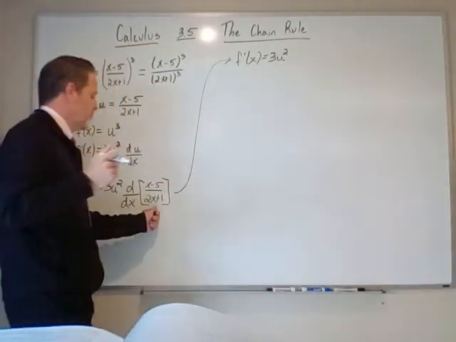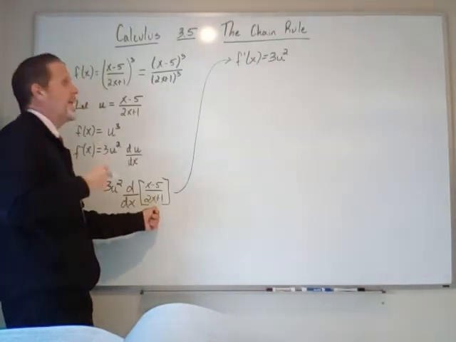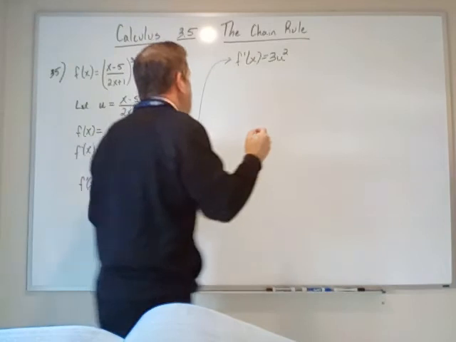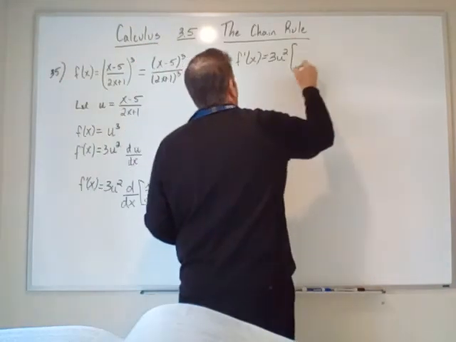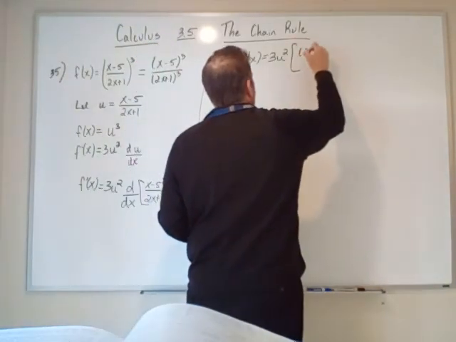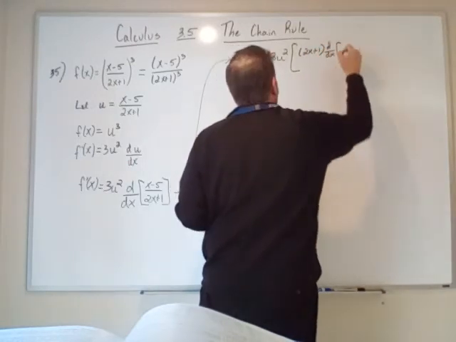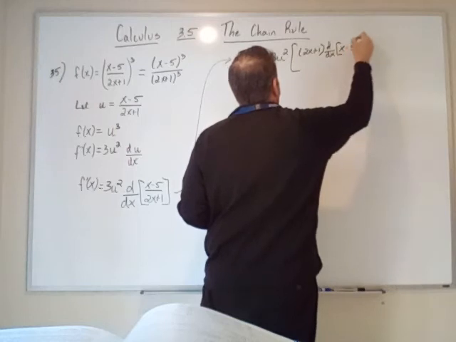Now I need to take the derivative of this quotient, and again, that's where the quotient rule is needed. So I need low, which is 2x plus 1, times the derivative of the high function, so that's the derivative with respect to x of x minus 5.